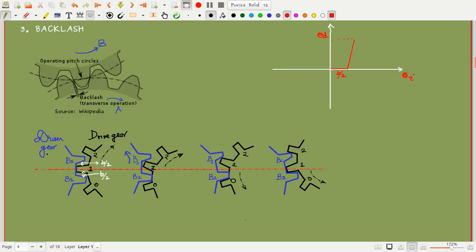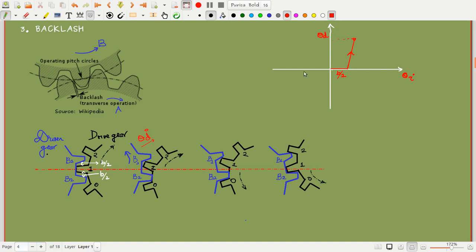Here it is rotating through theta angles slowly, but it starts rotating only after some time. Now it comes here and reaches some point, so this has rotated an angle of theta d degrees.